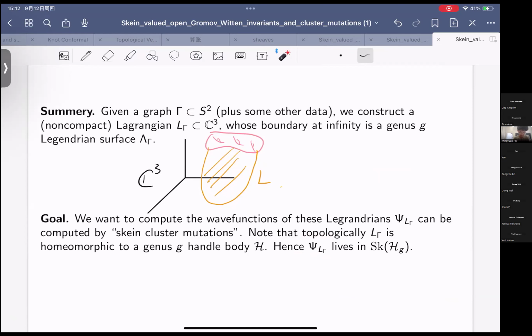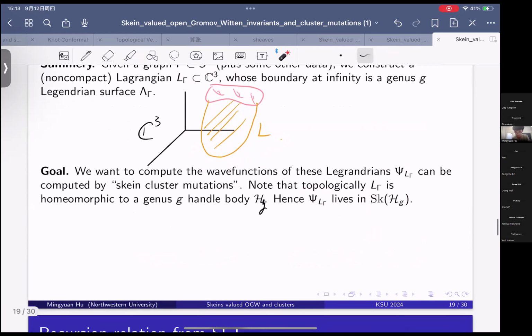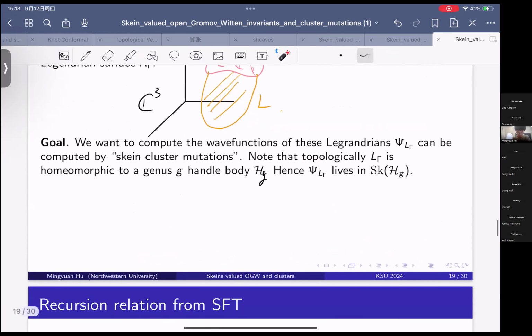If the genus of this surface is g, then topologically L gamma is like H_g, the solid handlebody, the filling of this genus g curve. In the end, the wave function will live in the skein module of this genus g handlebody.